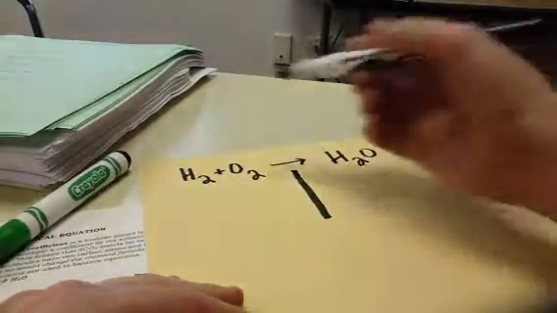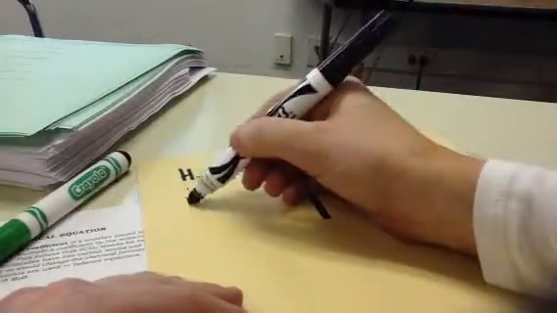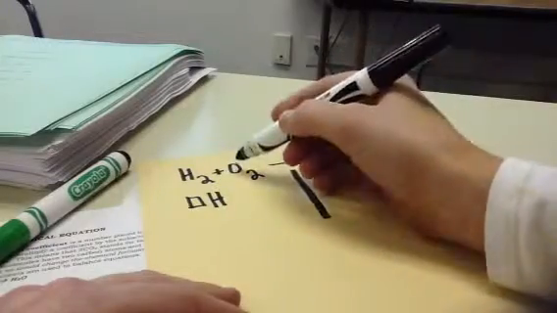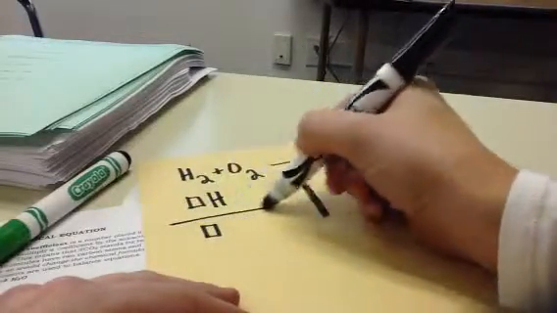Put our line down to separate our reactants from our product. Now these are separate, so I'm going to put a square here. I'll tell you why. H, put a square here, the line to separate them.